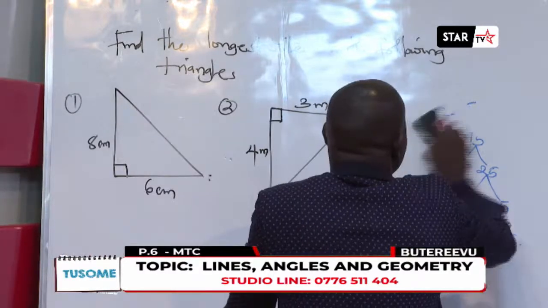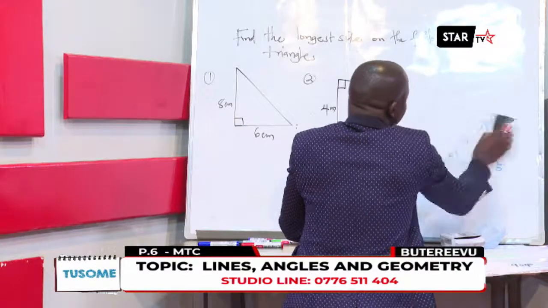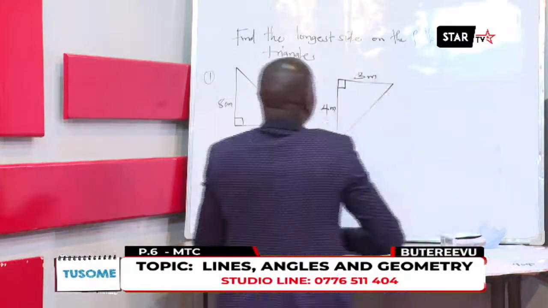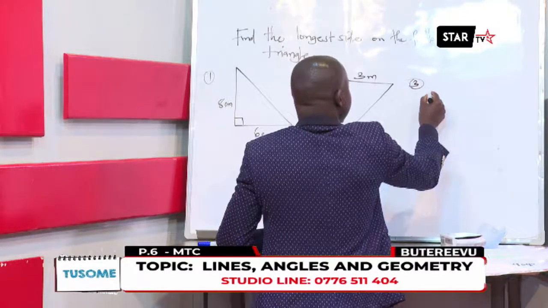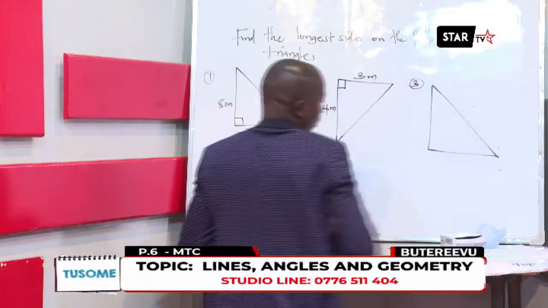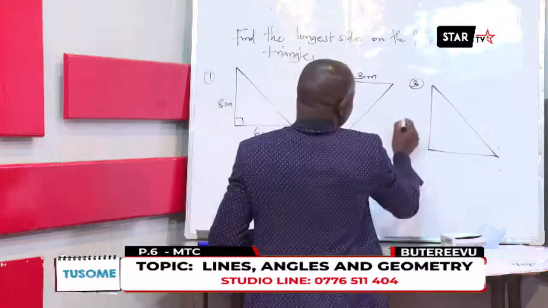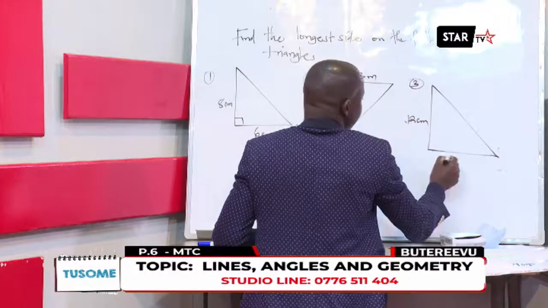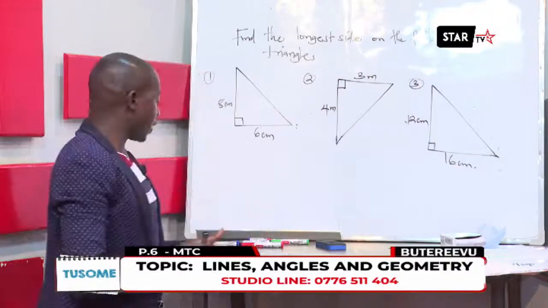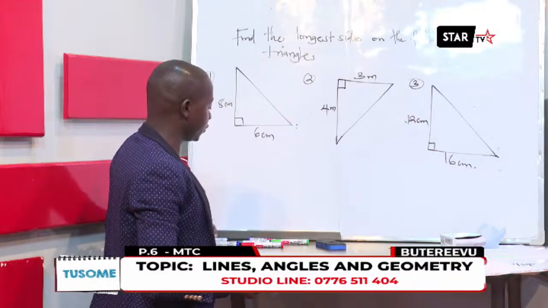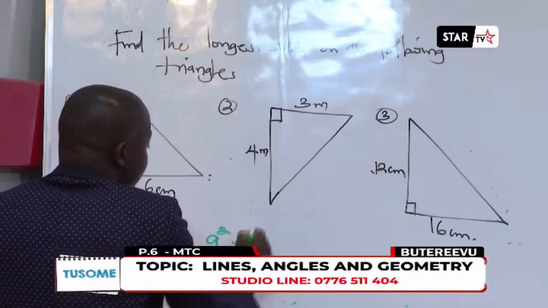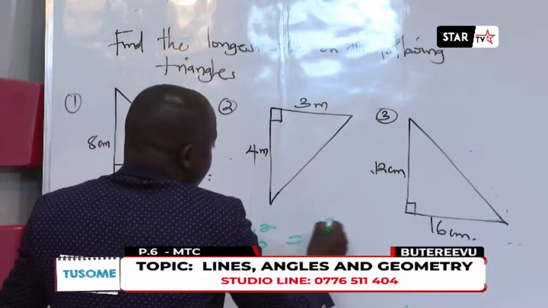And lastly, triangle 3 is here. We have 12 centimeters and 16 centimeters. All of this requires us to find the hypotenuse. I know you will come up with a squared plus b squared equating to c squared.